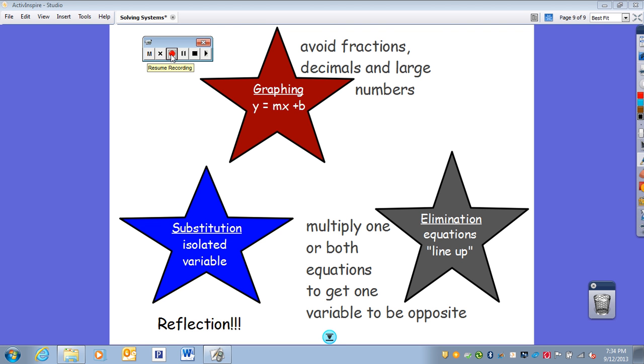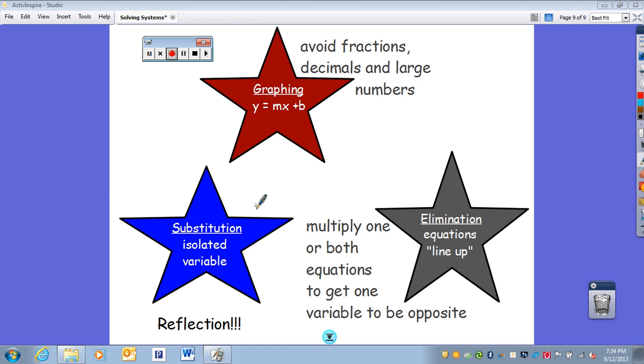Here are some final hints. When you are solving by graphing, it's a good idea that you avoid fractions, because if the point of intersection is not crossing at a corner or at integers, you will need to estimate and won't get the exact answer. We also avoid decimals and large numbers. We would like to be as close to the origin as possible.